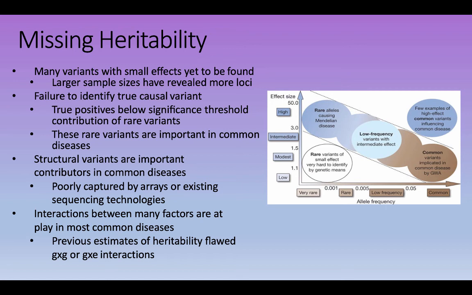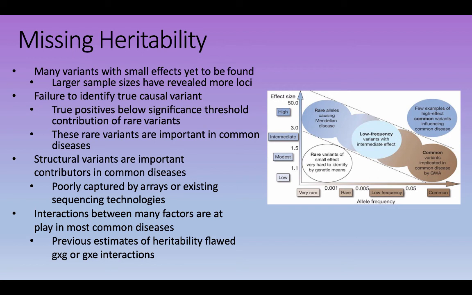When we're talking about variants that have small effects, you're going to need really large sample sizes, and that may not be that easy to do. A lot of times we're not finding causal variants, right? We're imputing the role of a specific variation by something that's close to it. So what can happen is we can end up with a difficulty in identifying true positives.